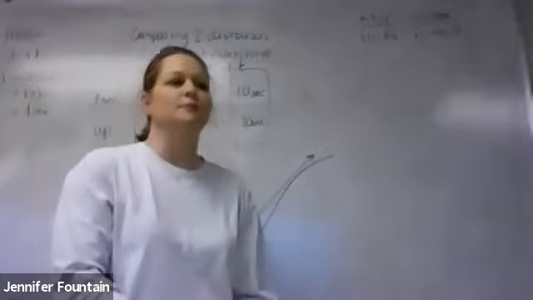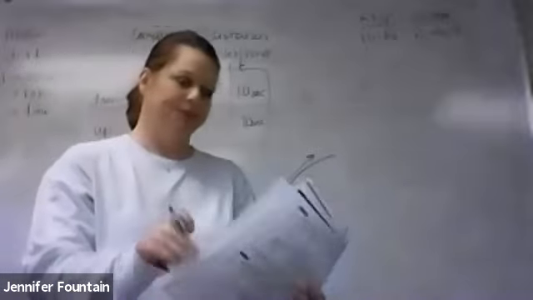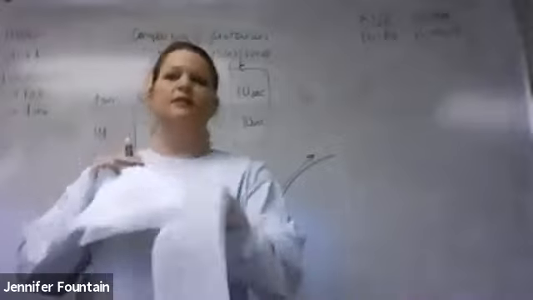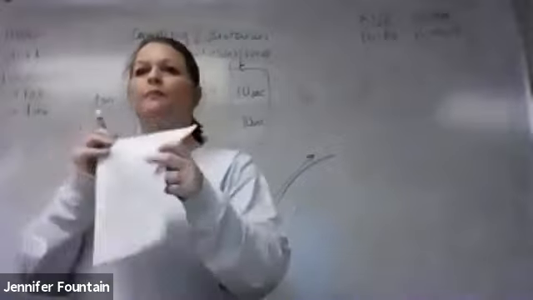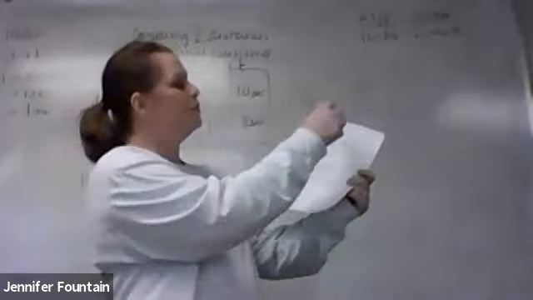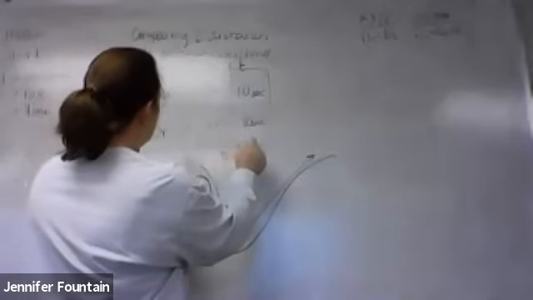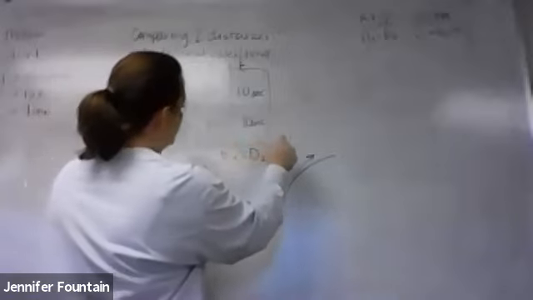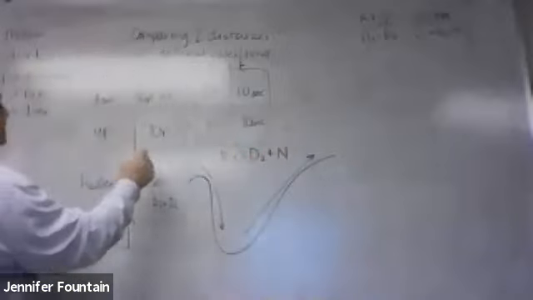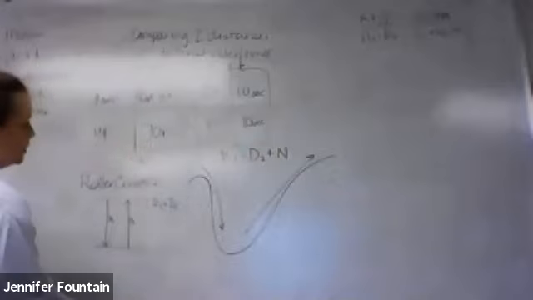Oh, y'all know why this is messing me up? This is the third type of problem that we haven't got. Remember when I told you we were going to only go through the first and second? This one is actually D1 is equal to D2 plus N. What is N in this problem?